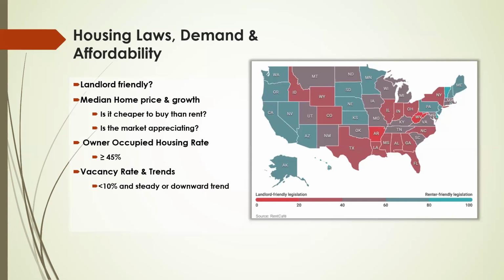So this is the type where you'll see, sign a 12-month lease and we'll buy you a free flat screen TV, or sign a 13-month lease and get your first month free. Different things like that. So if the occupancy is high, there's a lot of demand, and those just tend to be better markets to purchase in.